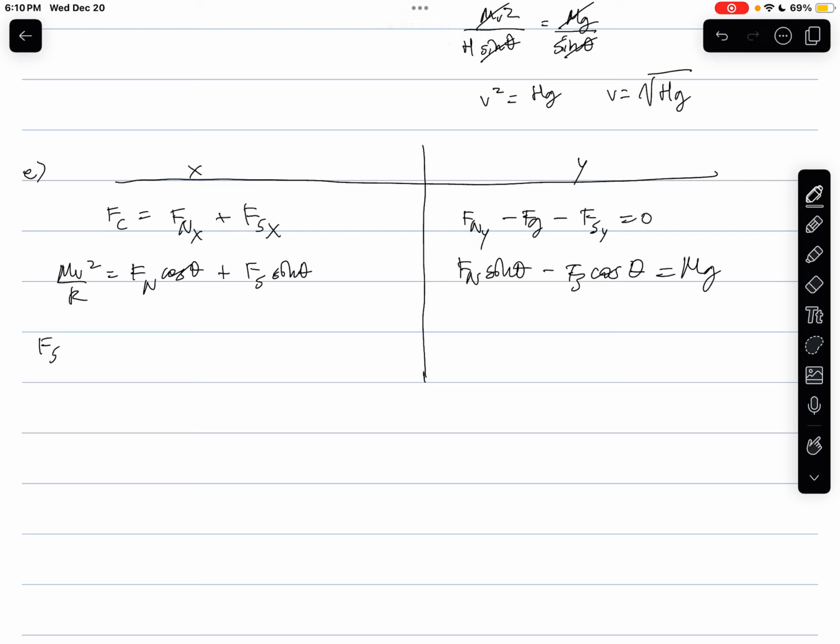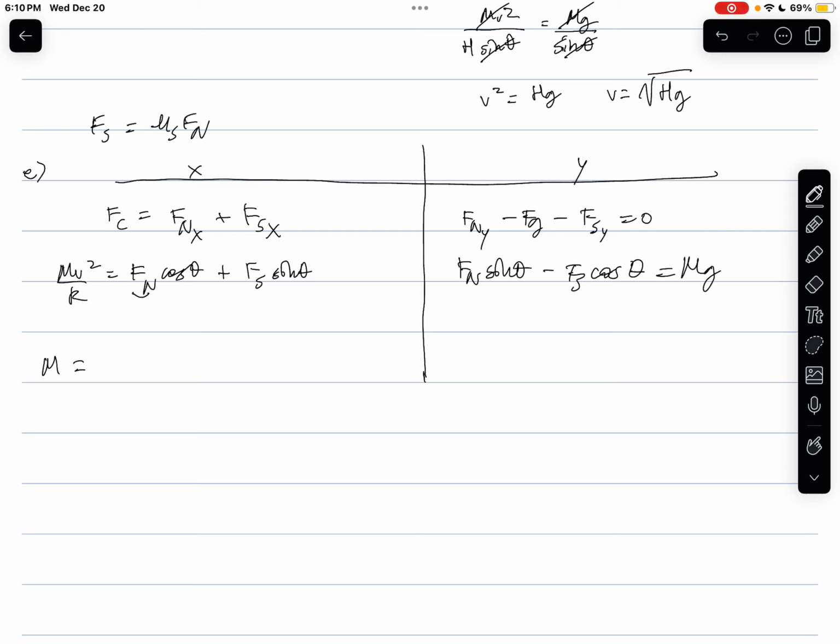And also, I know Fs is equal to mu s times Fn. So, I know that since both of these have Fn, I can take them out. And I'm also going to do that at the same time to save time.